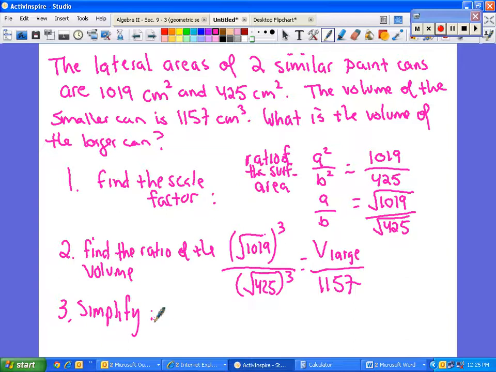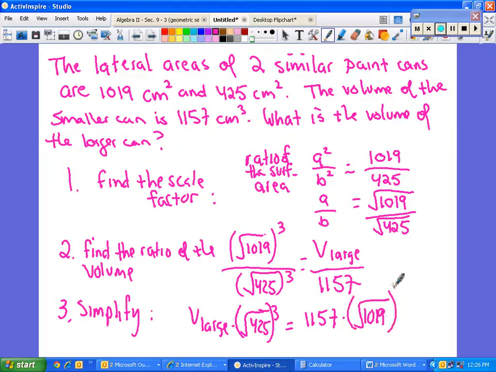the volume of the large, which you can substitute x for, or some other letter, times the square root of 425 raised to the third power is equal to 1157 times the square root of 1019 raised to the third power.